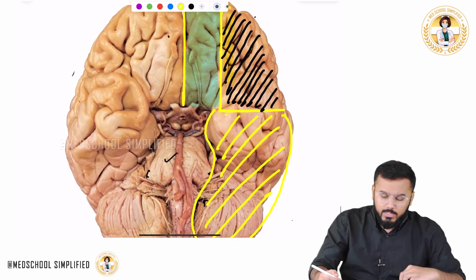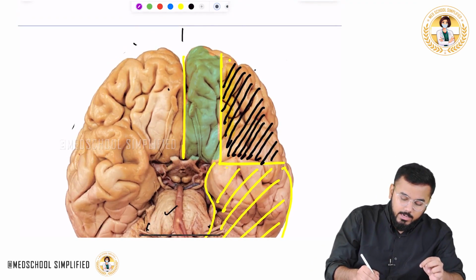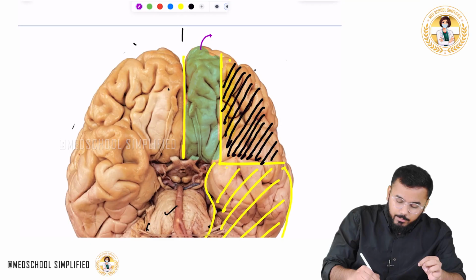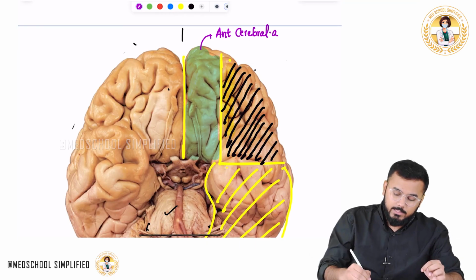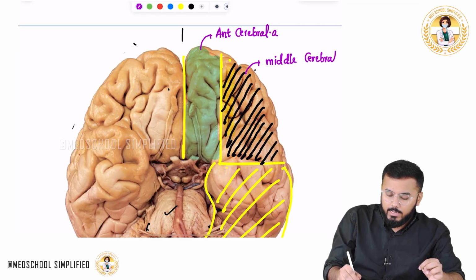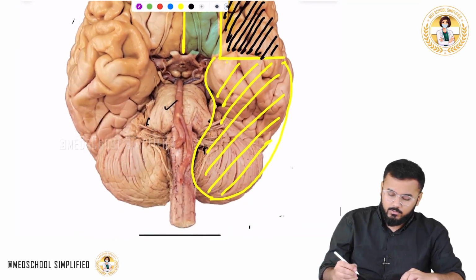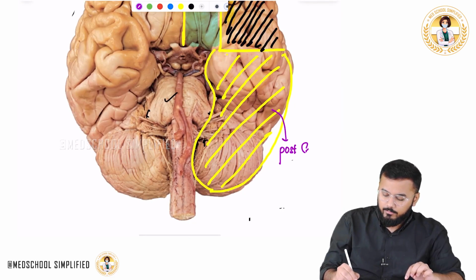Okay, so how many things have we got here? We have got the anterior cerebral artery, so this is supplied by the anterior cerebral artery. Next, this is supplied by your middle cerebral artery, and this one is supplied by the posterior cerebral artery.